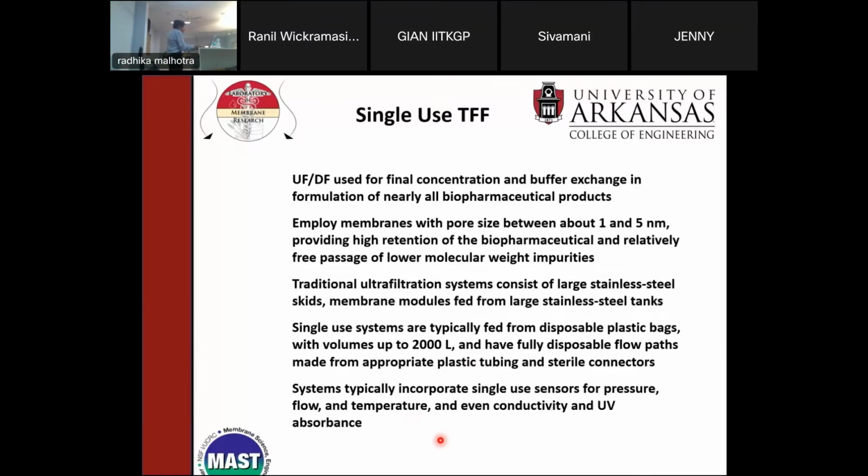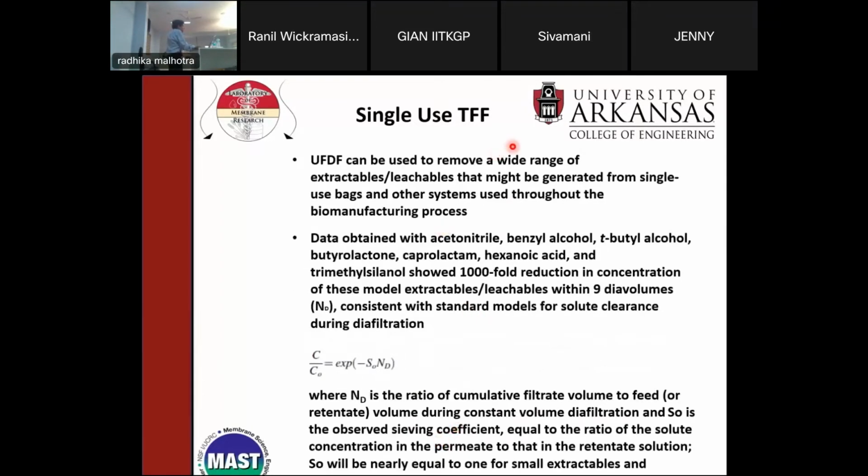That's the idea. So UFDF can be used to remove a wide range of extractables and leachables that might be generated from bags and other systems used throughout the biomanufacturing process. This is important because with plastic instead of stainless steel tanks, you've got to worry about leachables.